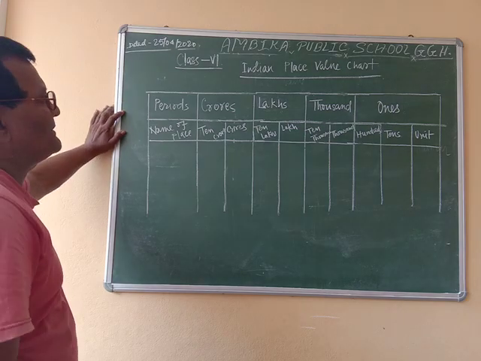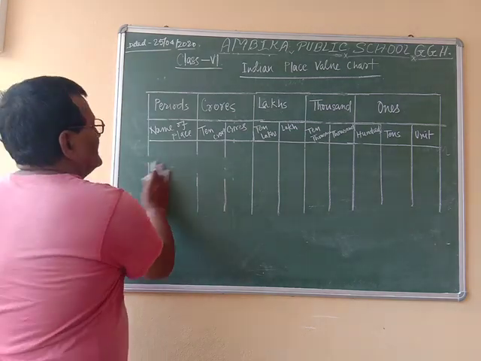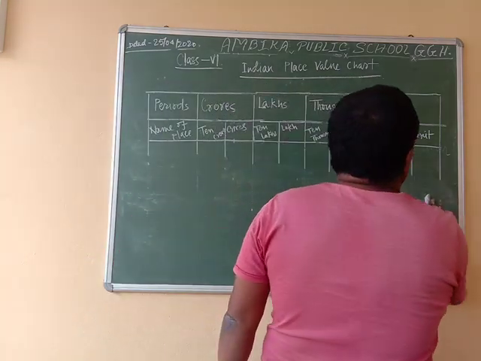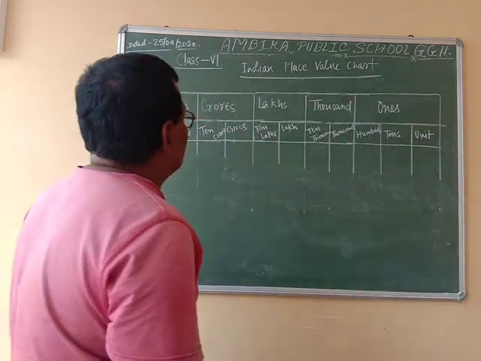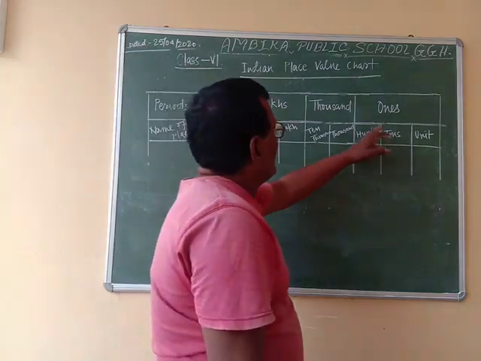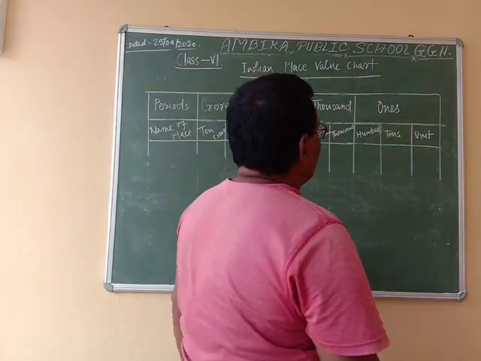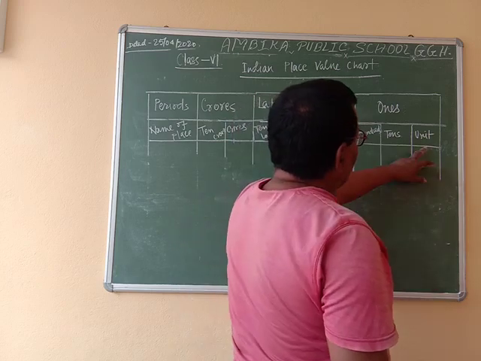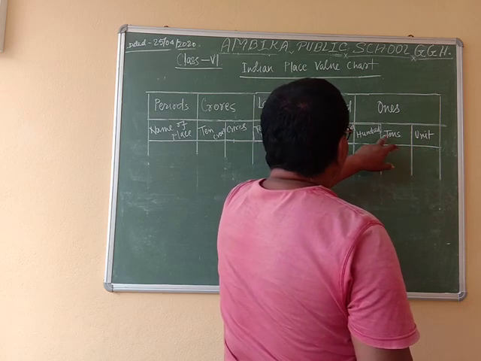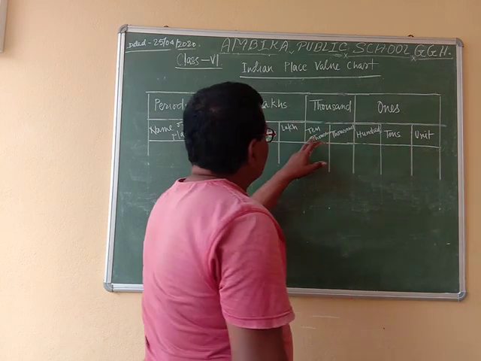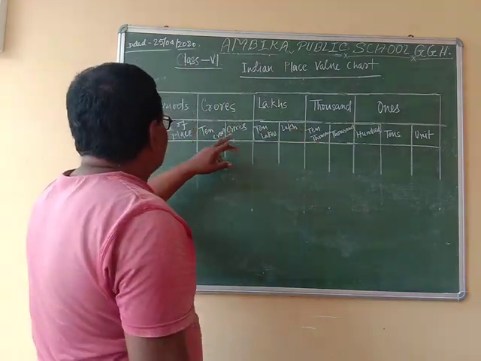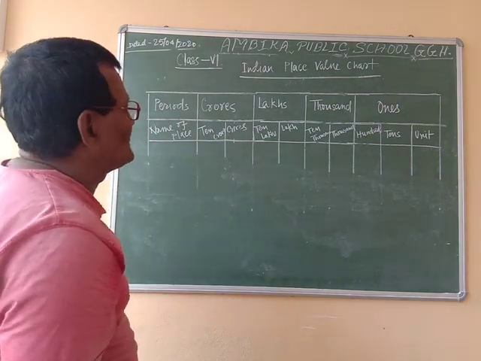To write numbers in the place value chart, you will make this table, and it is divided into three parts. In the first part we write unit place or ones place, tens place, hundreds, thousands, ten thousands, lakh, 10 lakh, crores, 10 crores, and name of place.